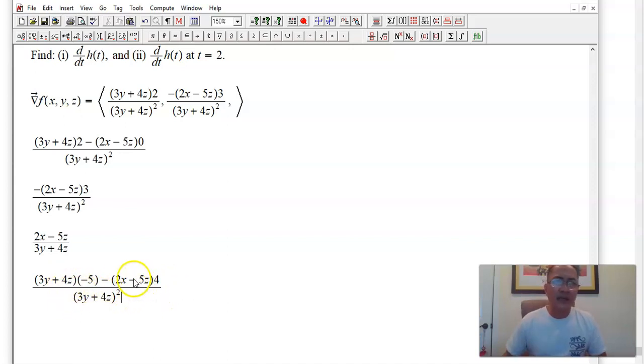Don't just cancel that, because nothing's going to cancel here. So we need to simplify the numerator. There's only one x, I believe, minus 8x. Let me clear the numerator.